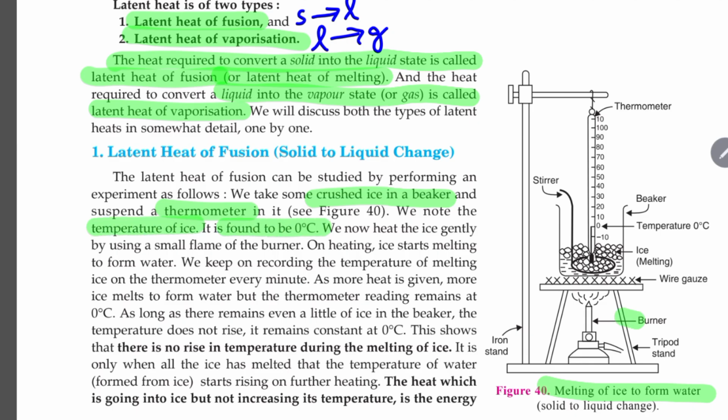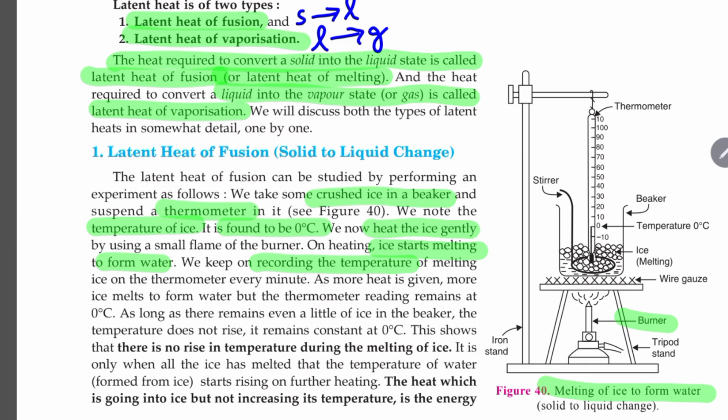Now we need to use a burner and heat the ice gently. By using a small flame of the burner, heating it gently, not a very high temperature all at once, the ice starts melting to form water and we keep on recording the temperature. After some time, as more heat is given, more ice will melt to form water.